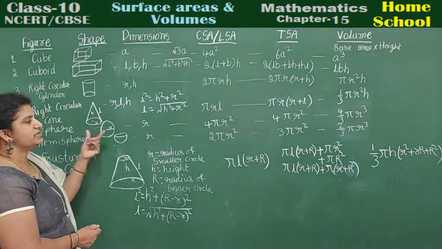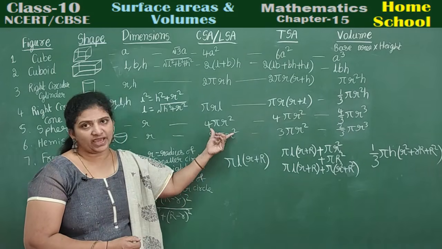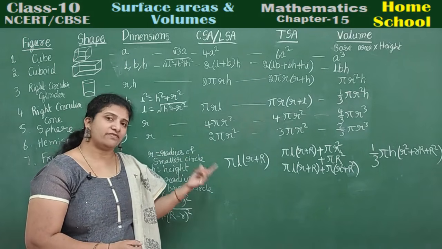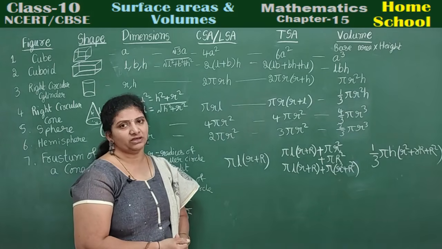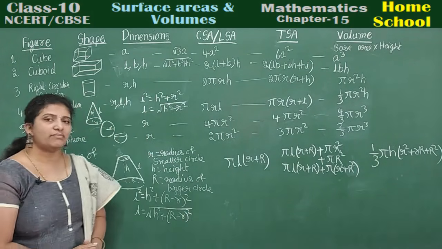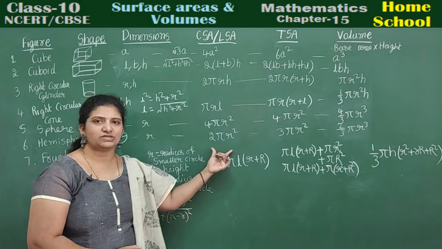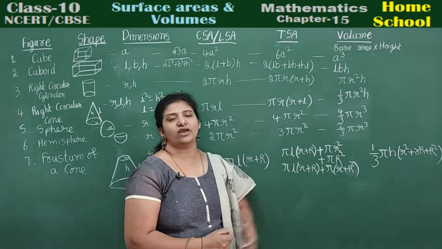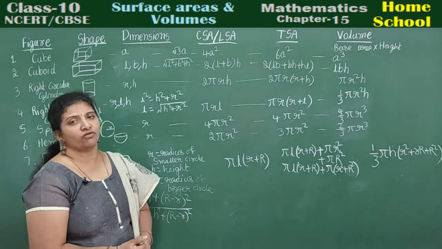Sphere. Next solid is the sphere. What is the curved surface area of a sphere? 4 pi R square. Total surface area is also 4 pi R square. When they ask only surface area, it is also 4 pi R square. Volume of a sphere is 4 by 3 pi R cube. Next solid is the hemisphere. CSA of a hemisphere 2 pi R square. TSA of a hemisphere 3 pi R square. Volume of a hemisphere 2 by 3 pi R cube. Next solid is the frustum of a cone.